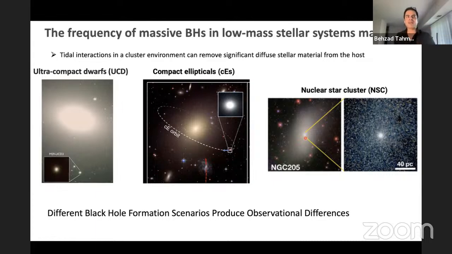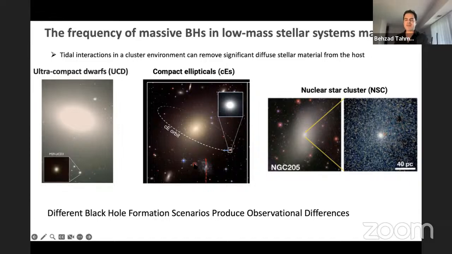There are also two scenarios for the formation of these nuclear star clusters: they can form from mergers of star clusters that then sink to the galaxy center, or they form through in situ star formation driven by gas inflow from the outer region to the central region.